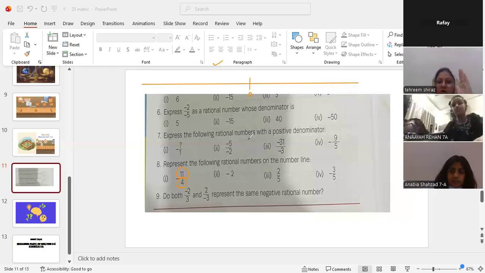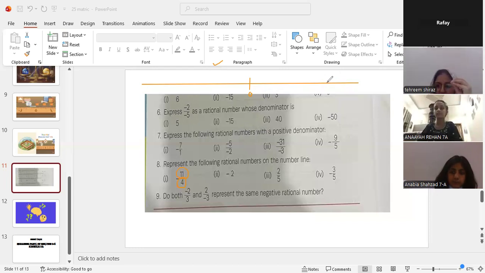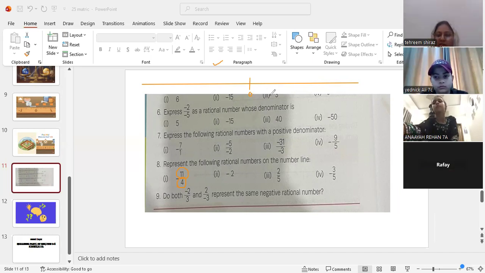Okay. Now, on the right hand side, all the values will be positive, and on the left hand side, all the values will be negative. On the left hand side of the 0, all the values will be negative. On the right hand side of the 0, all the values will be positive. Is this clear? Okay.